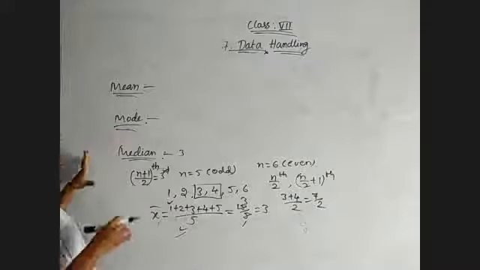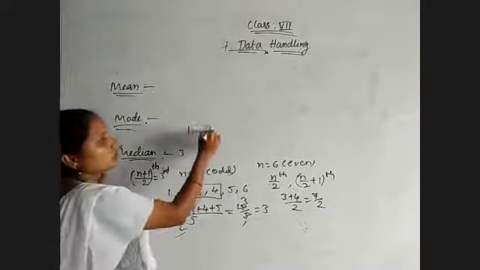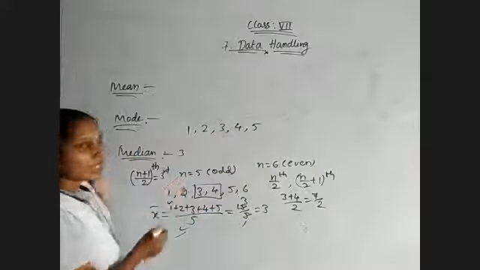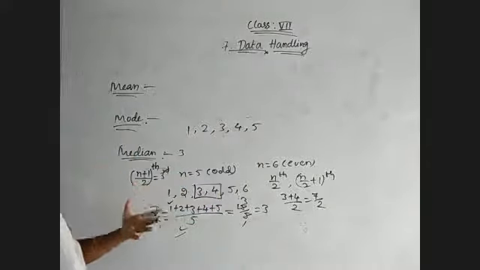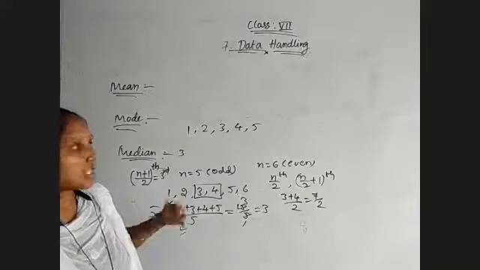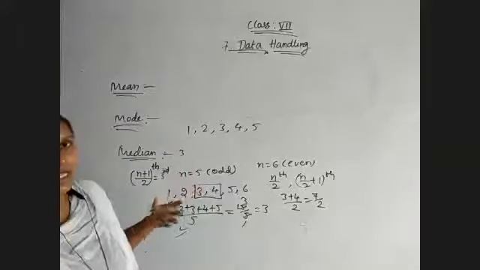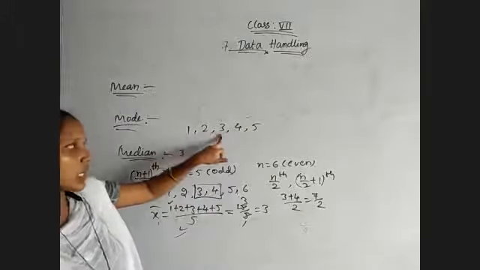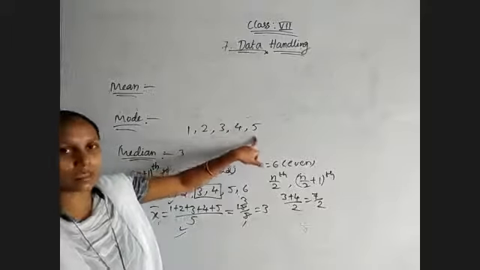Now let us see what mode means. 1, 2, 3, 4, 5 is the given data. Mode is nothing but the observation occurring the greatest number of times, that is, the observation with the highest frequency. 1 came only once, 2 only once, 3 only once, 4 only once, 5 only once.